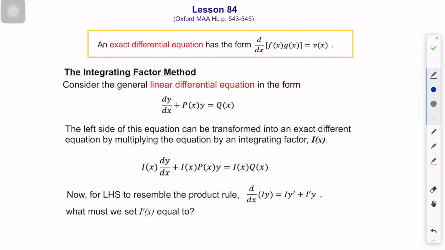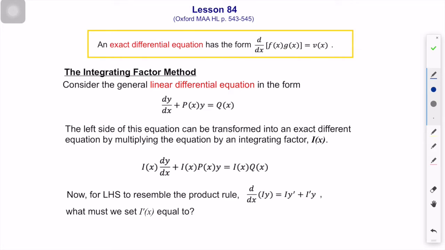In this lesson, we're going to explore the type of differential equation called exact differential equation, where one side of this equation takes on the form of the derivative of a product of two functions equaling something like v of x, just another function of x.